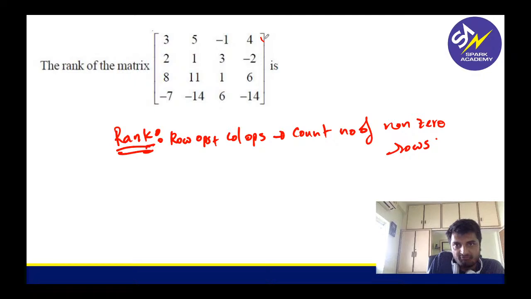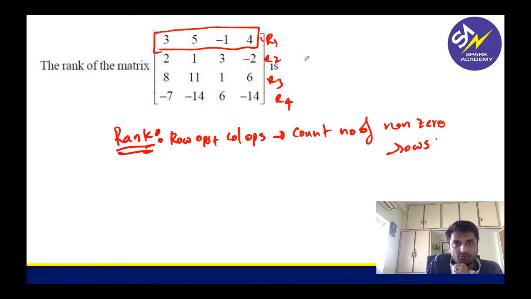So this is like row 1, row 2, row 3, row 4, right? What I'll try to do is make each element zero. I will take this as the base row. How will you make the first element in row 2 as 0? R2 becomes 3R2 minus 2R1, so this element will become 0.